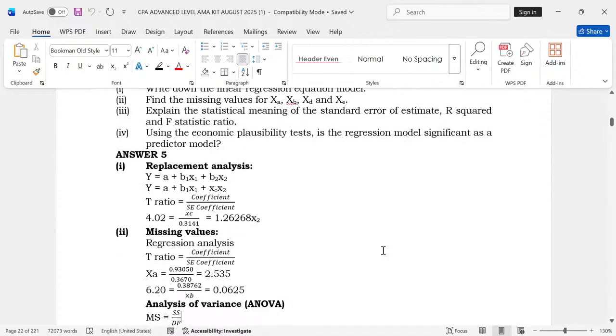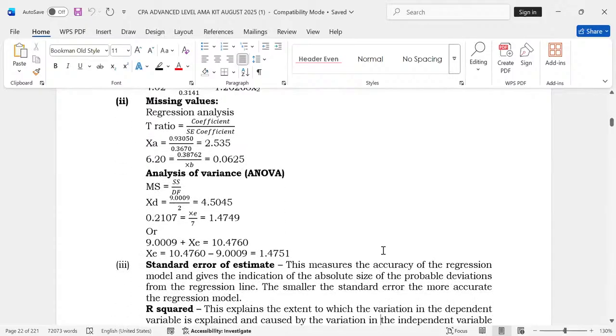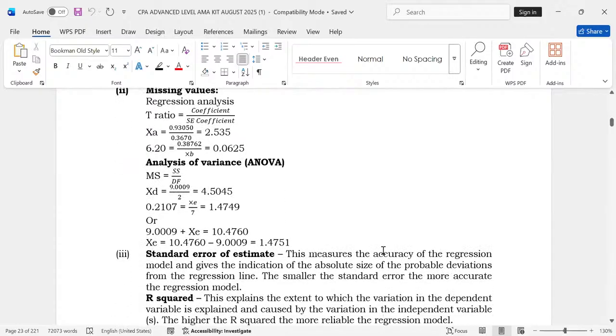Standard error of estimate, SE. Just explanation. In your own words, what would you say is the standard error?